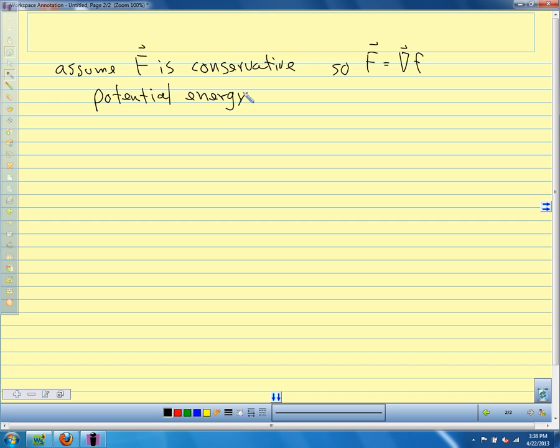In physics, we call the potential P at some point x, y, z the opposite of that. So our potential energy P in physics is the negative of our potential function that we've been talking about in class.